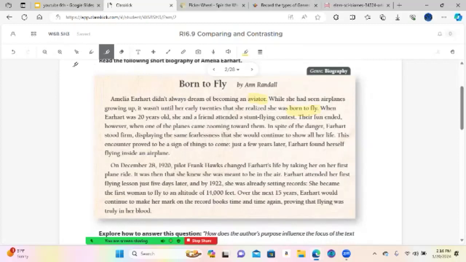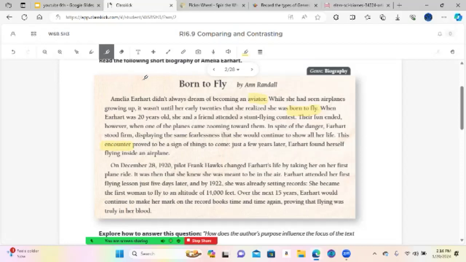When Earhart was 20 years old, she and a friend attended a stunt flying contest. Their fun ended, however, when one of the planes came zooming towards them. In spite of the danger, Earhart stood firm, displaying the same fearlessness that she would continue to show all her life. This encounter proved to be a sign of things to come.